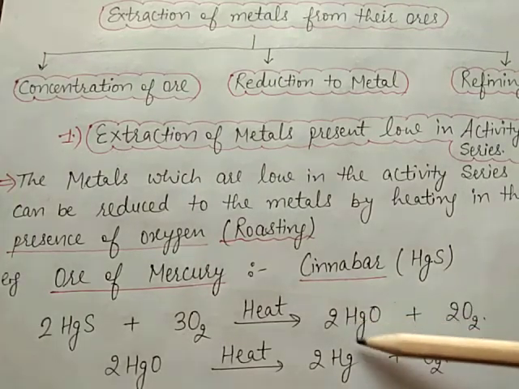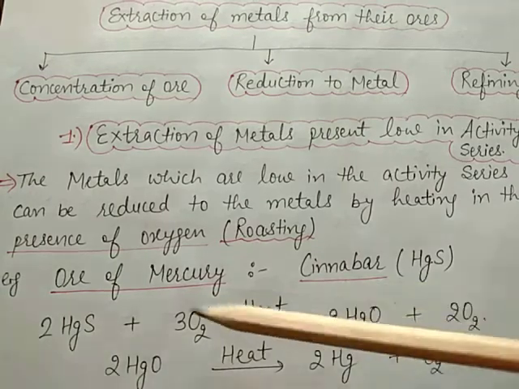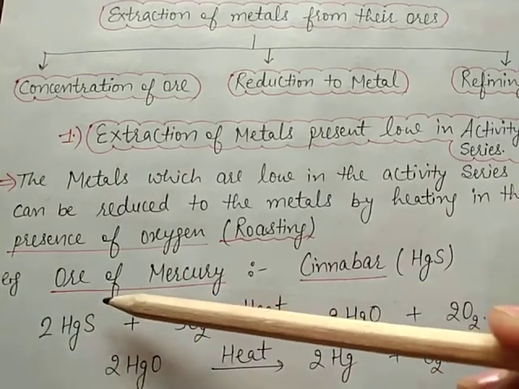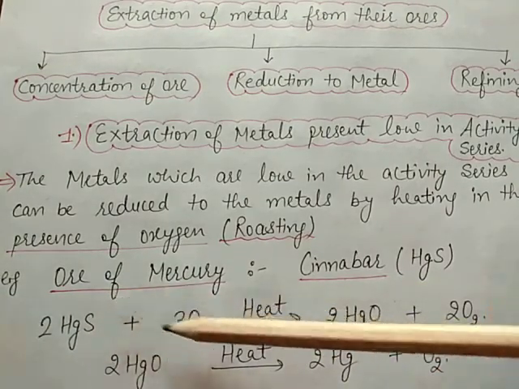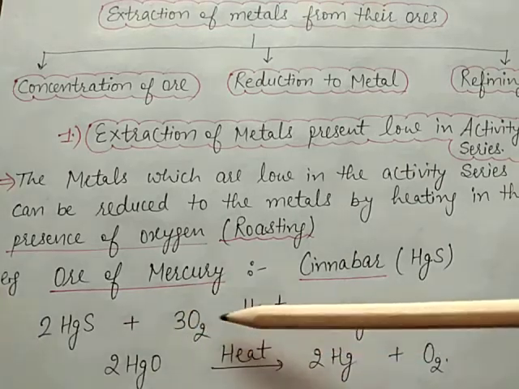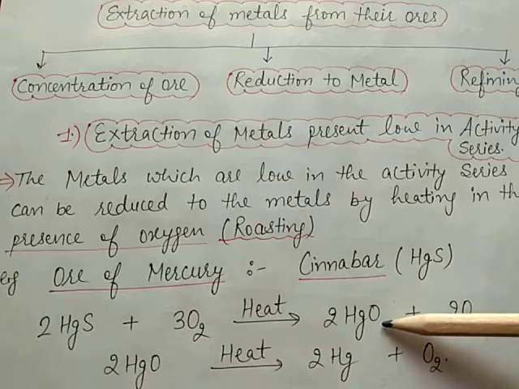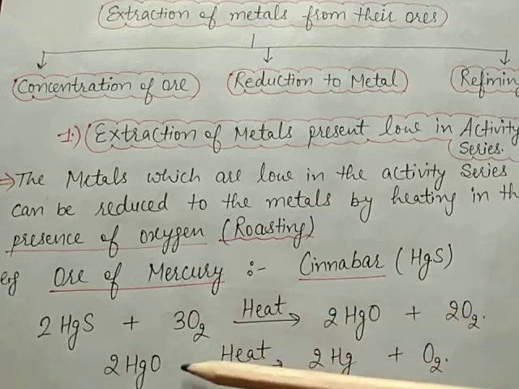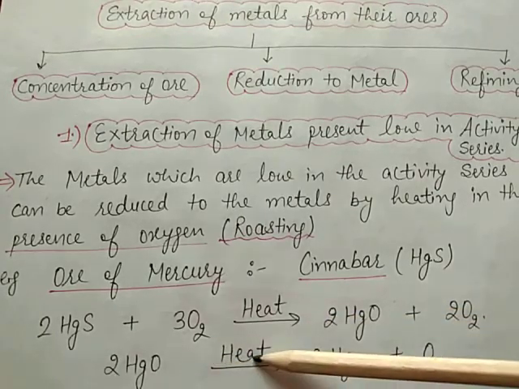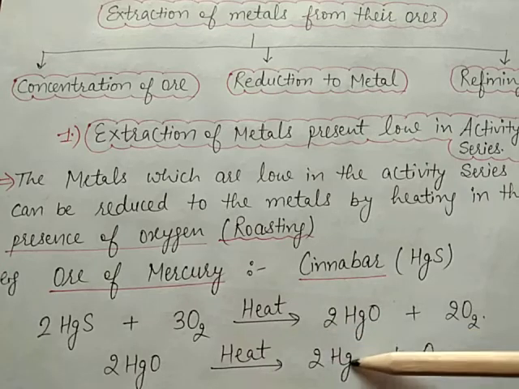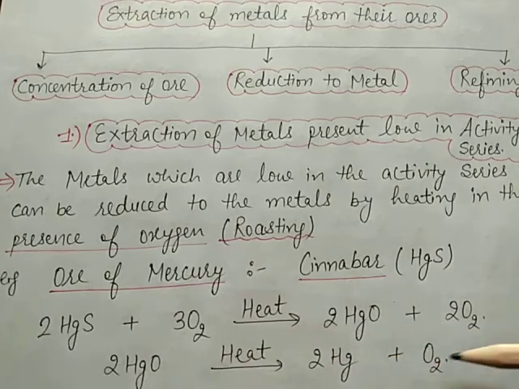This is mercuric oxide and this is mercuric sulfide. Mercuric sulfide in presence of oxygen will be converted into mercuric oxide. And this mercuric oxide, after heating, will change into mercury and oxygen is released.